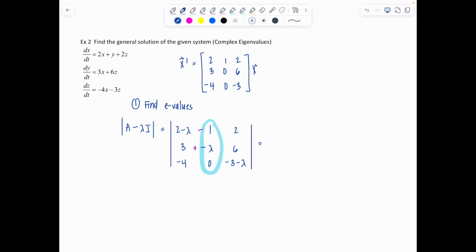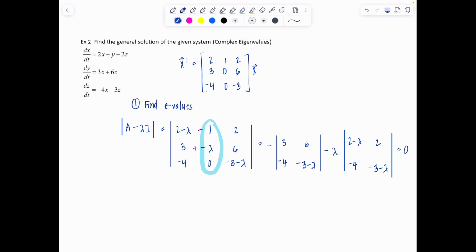So I'll have negative 1 times the determinant of 3, 6, negative 4, negative 3 minus lambda, minus lambda times, this is gone, the determinant of 2 minus lambda, 2, negative 4, negative 3 minus lambda.